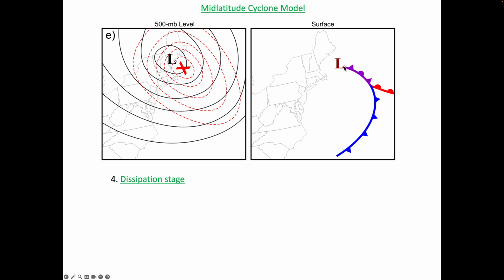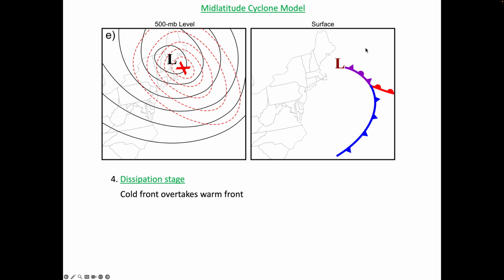An occluded front forms when a cold front literally overtakes the warm front at the surface, and so where this happens, and it's always closest to the center of the low, the warm sector is completely squeezed out, and you can see the warm sector is displaced to the south and the east.